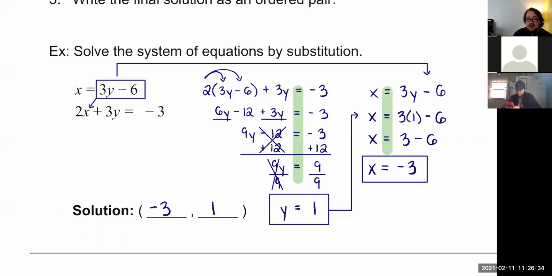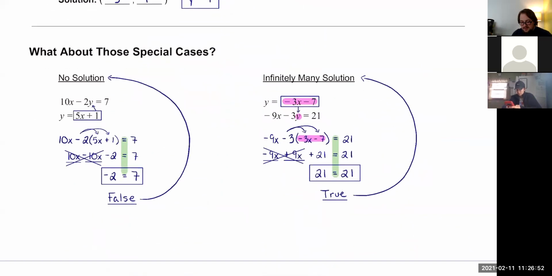So this problem that we did originally is going to be the majority of your problems. But in the event your variable disappears, not because you accidentally forgot it, but because the process made it happen, look at what's left over. If it's true, it's infinitely many. If it's false, then there's no solution. Good. It's a good summary. That's a good way to end our notes for today.